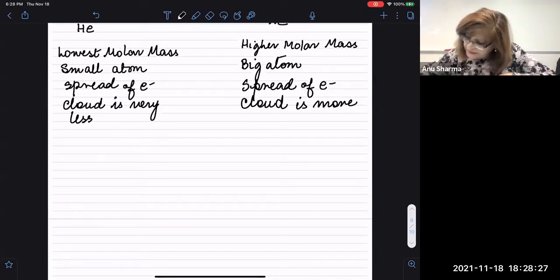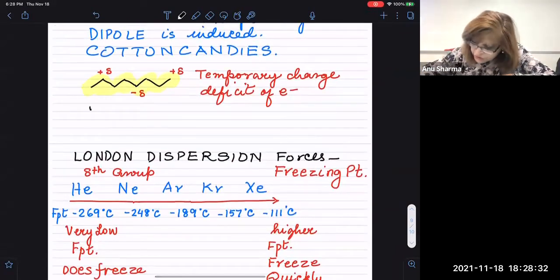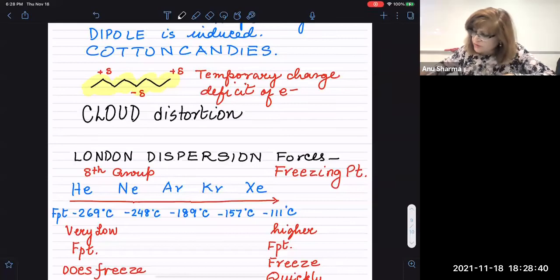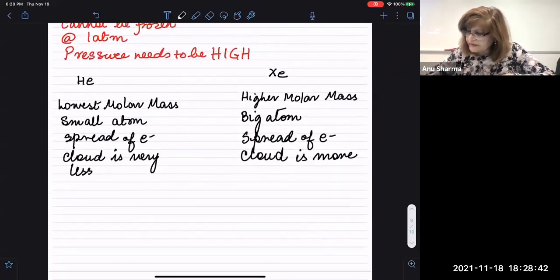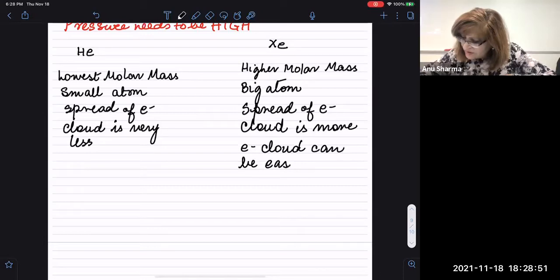So in other words, polarizability is, in short, also called cloud distortion. Here we see that in xenon, the electron cloud can be easily distorted, so polarizability is higher.